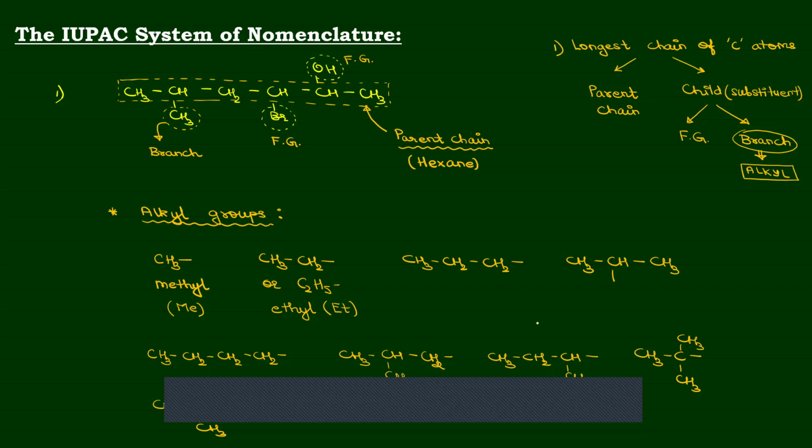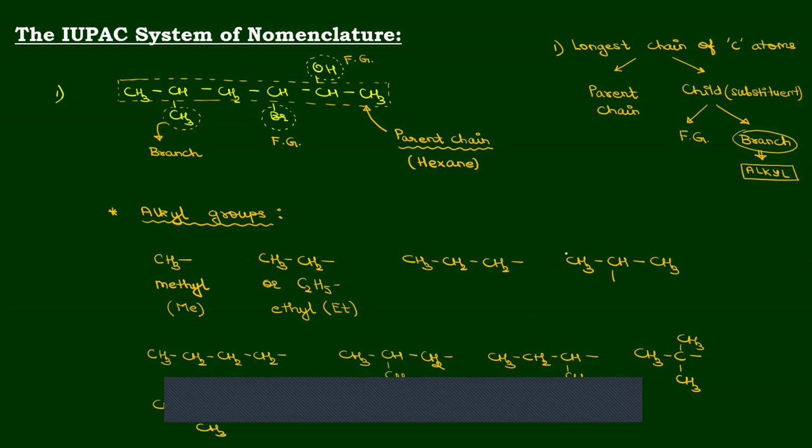Now, from propane, when I remove the H, I get two variations of alkyl, which are propyl. But I can't name both groups as propyl because they are different, and if they are different, we need to differentiate their names.